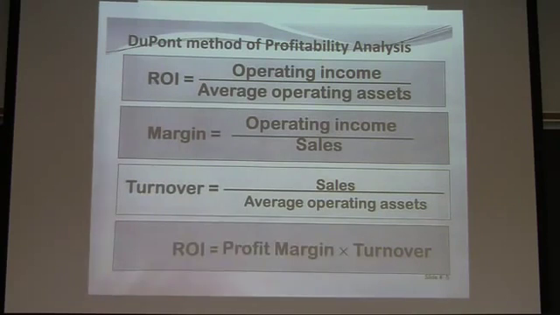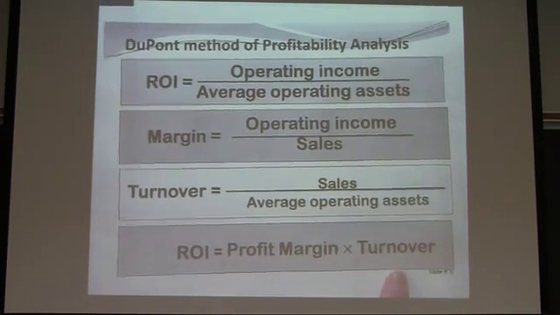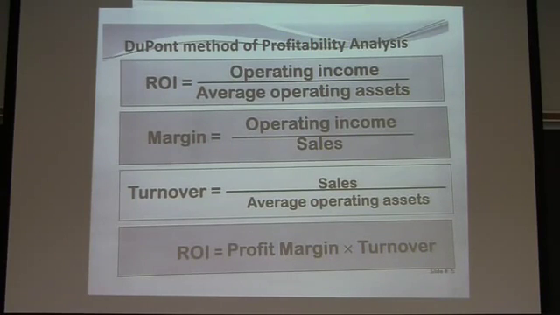Now, ROI can be broken out into 2 components, as you can see from this formula. Profit margin. Profit margin is basically measuring the efficiency in which we're able to generate income from the sales, which means that we're looking for efficiencies in the way we manage our cost.